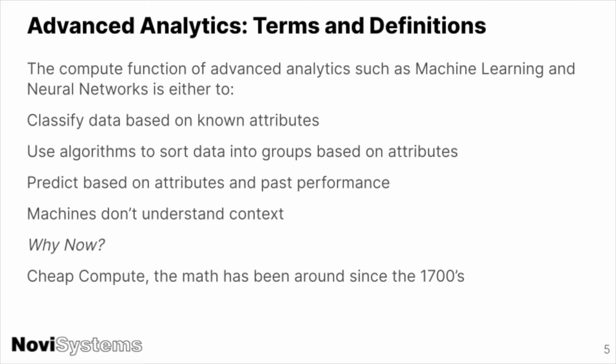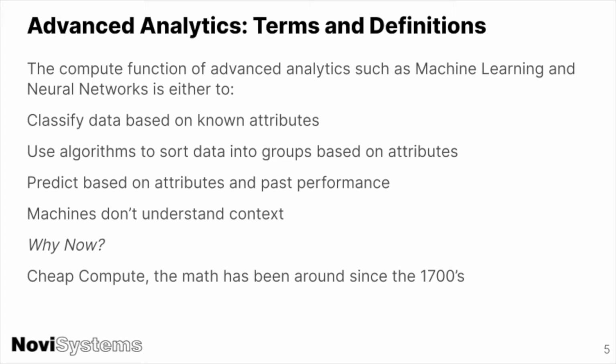And you know, I've used the term advanced analytics, and now I think it's important for me to define what I'm talking about when we start thinking about advanced analytics. So we're all on the same page, a bit of level setting. When I refer to advanced analytics, what I'm talking about are things such as machine learning and neural networks.